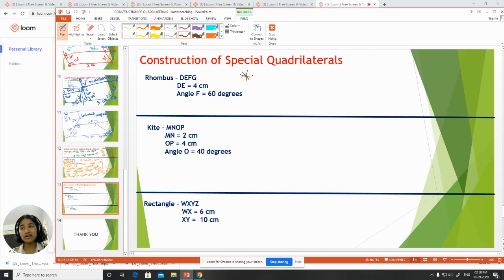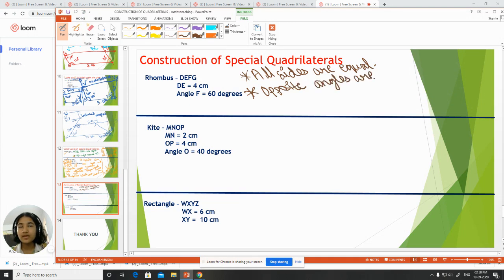Not only opposite sides, all sides are equal. Opposite angles are equal. Then what's our next property?